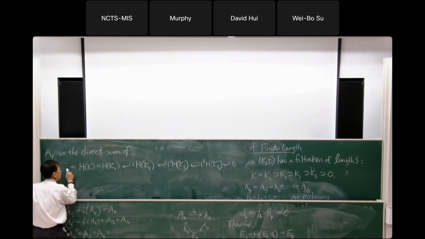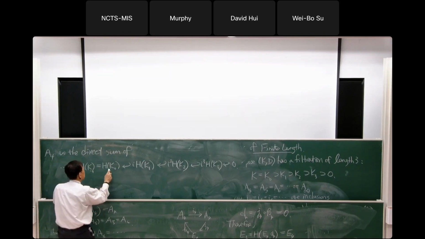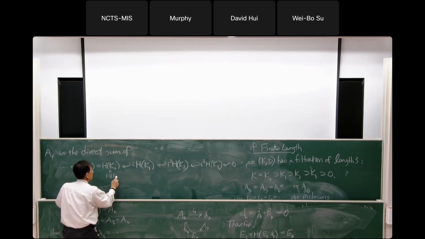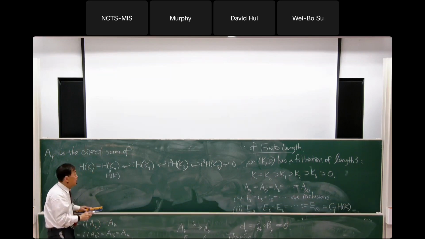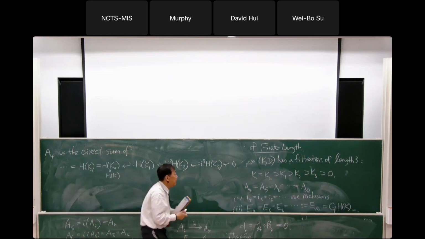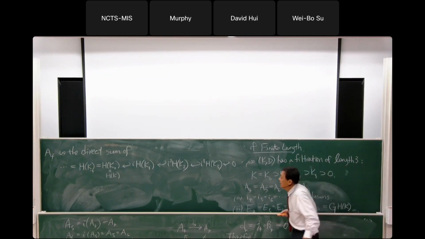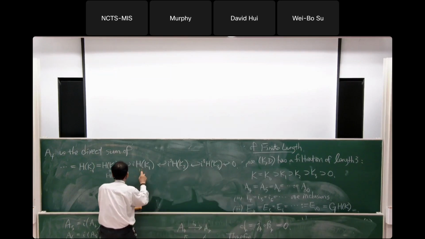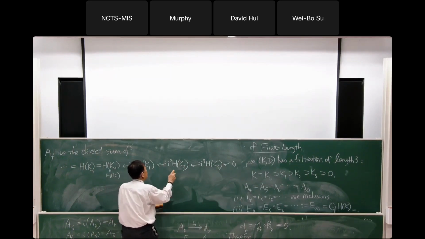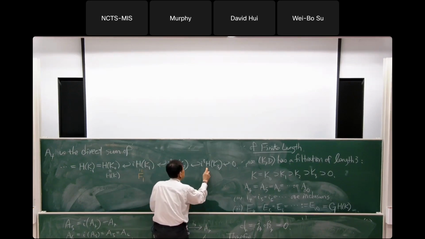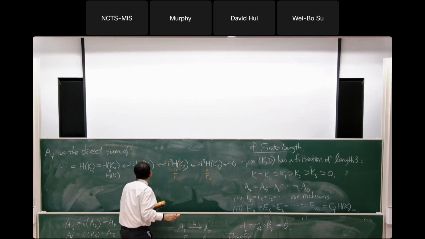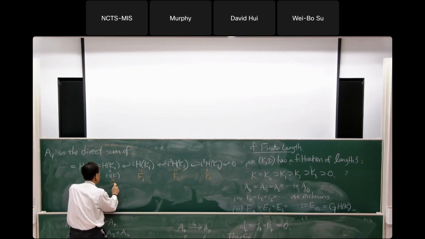And this goes on forever, right? HK0 is H of K. Now, this group is what we call F1. This is F2. This is F3. Okay. And this is F0.